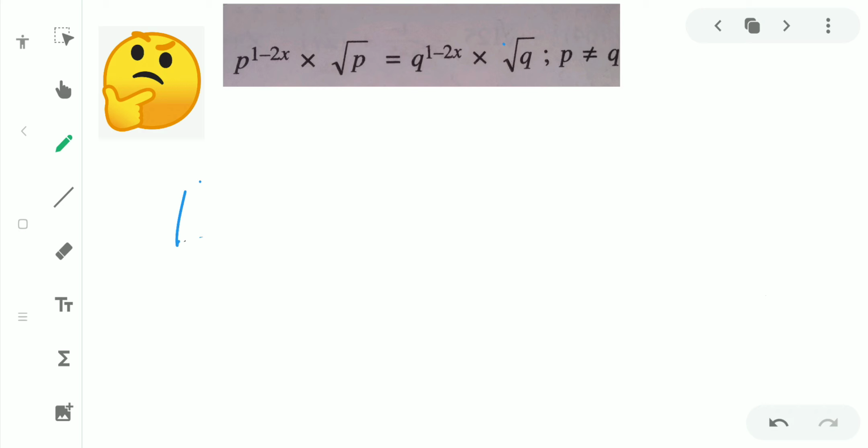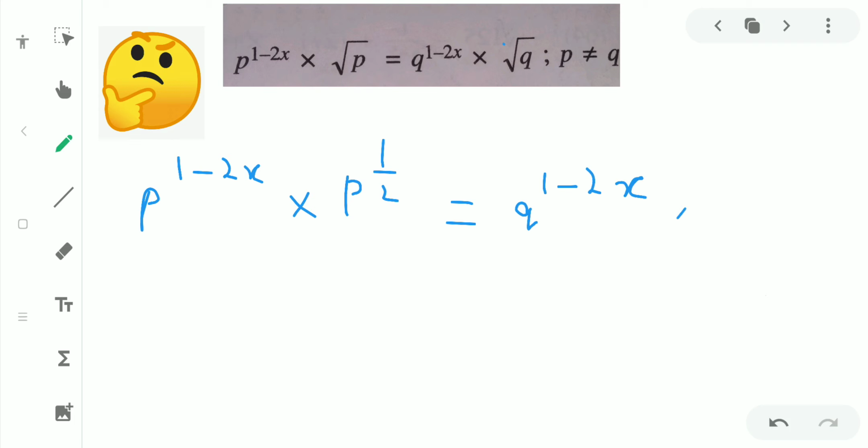Now I will write it as p power 1 minus 2x multiplied with p power 1 by 2 is equal to q power 1 minus 2x multiplied with q power 1 by 2.